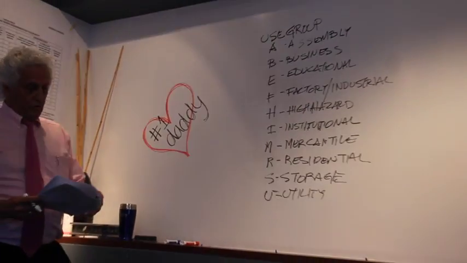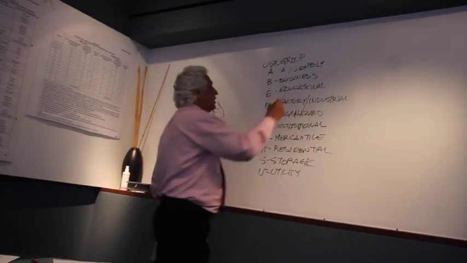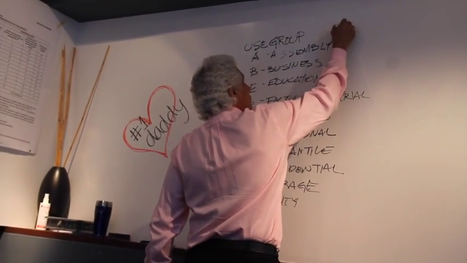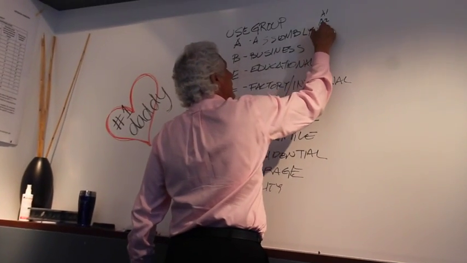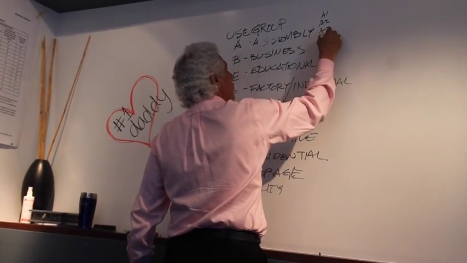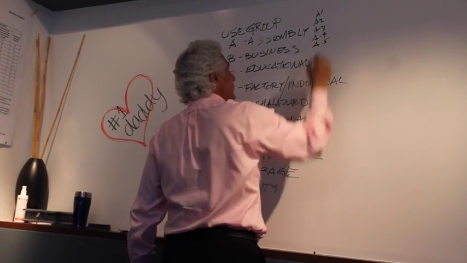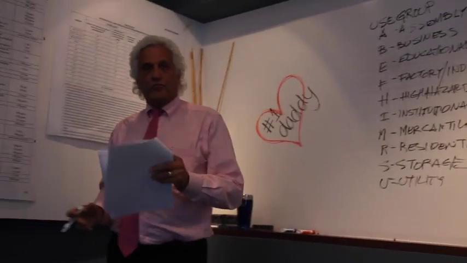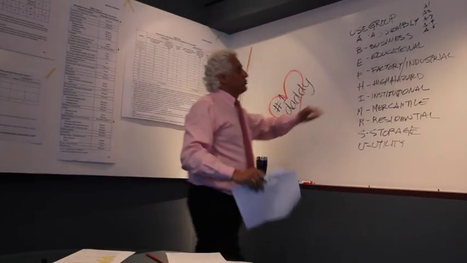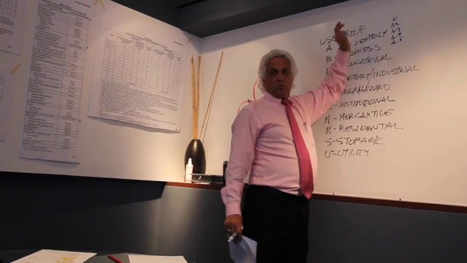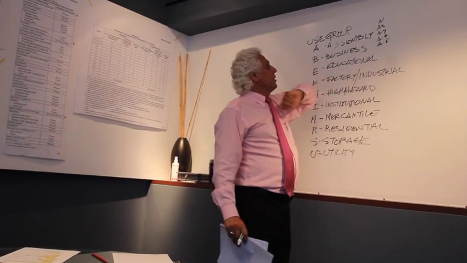But the primary use, by example, assembly is broken up into an A1, A2, A3, A4, and A5 use. Restaurants fall in an A2 use. Houses of worship are an A3 use.